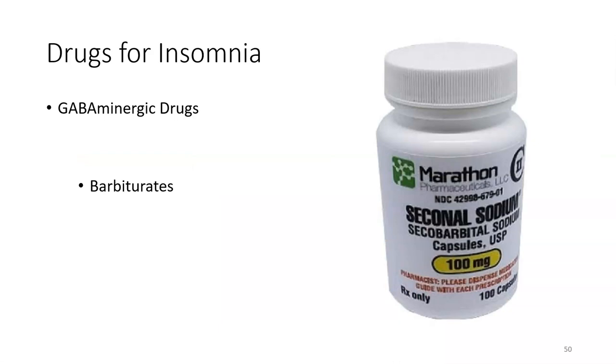So then we have our barbiturates. Barbiturates are an older class of drug than benzodiazepines. Barbiturates are often used for sedation, so we can even use them for anesthesia. This is taken orally. This is secobarbital. It's known by the brand name of Seconal.